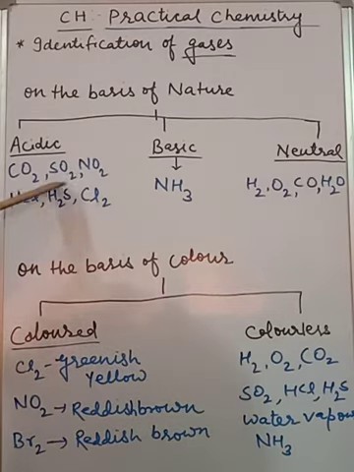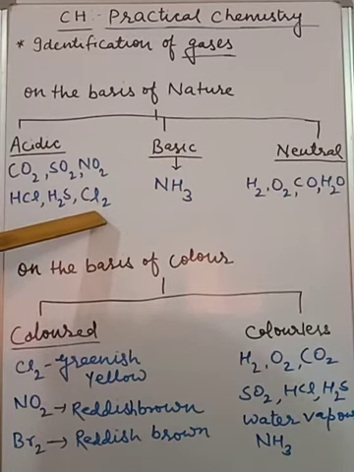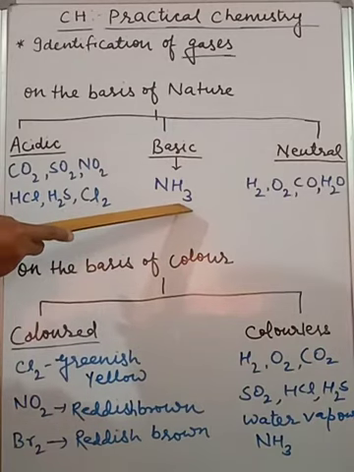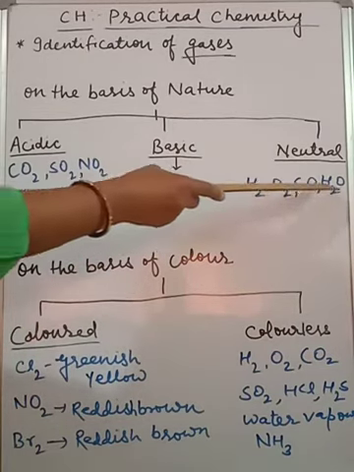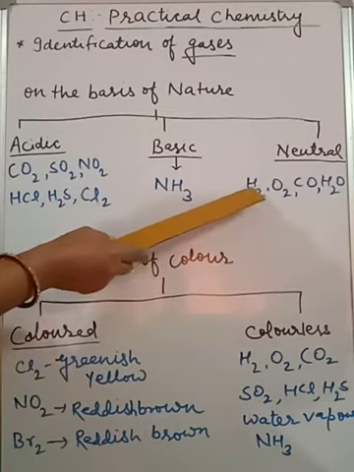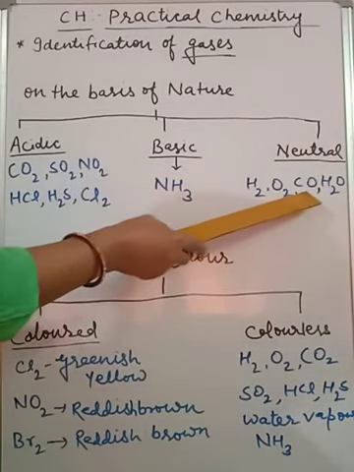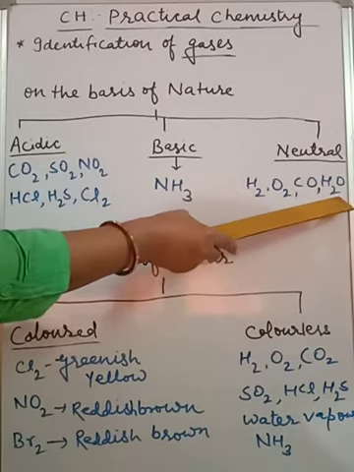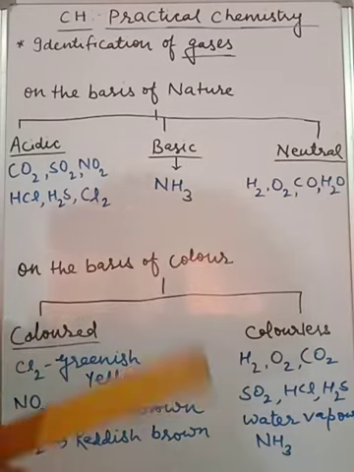So here I have taken 3 non-metallic oxides and vapor of HCl, H2S and chlorine. Now one gas here is ammonia, which is basic in nature. As well as here I have taken some examples like oxygen, you know, essential for us, hydrogen, carbon monoxide as well as water vapor. So these are neutral in nature.